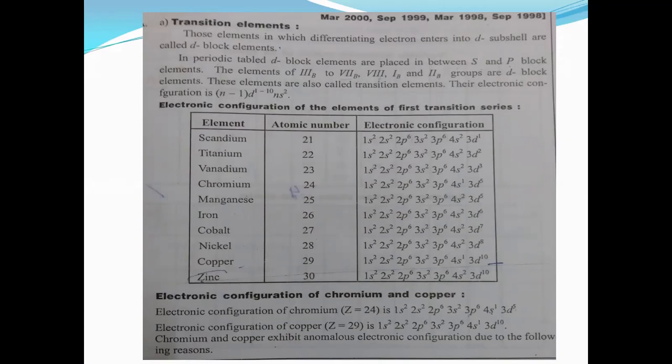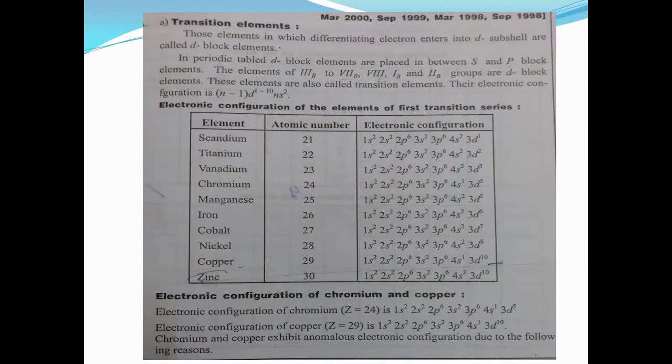Those elements in which the differentiating electron enters into the D subshell are called D block elements.